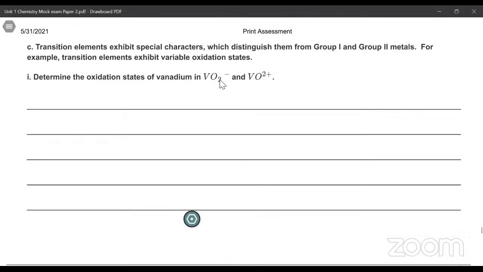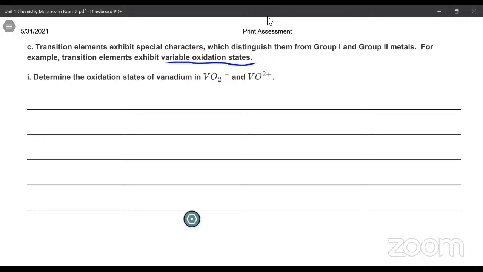Now, transition elements exhibit special characteristics which distinguish them from group 1 and group 2 metals. So for example, transition elements exhibit variable oxidation states. This is one characteristic. Now determine the oxidation state of vanadium in the VO2 minus ion and the vanadium in the VO2 plus ion, right?